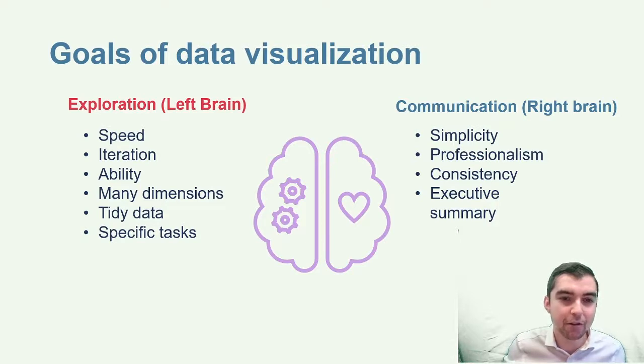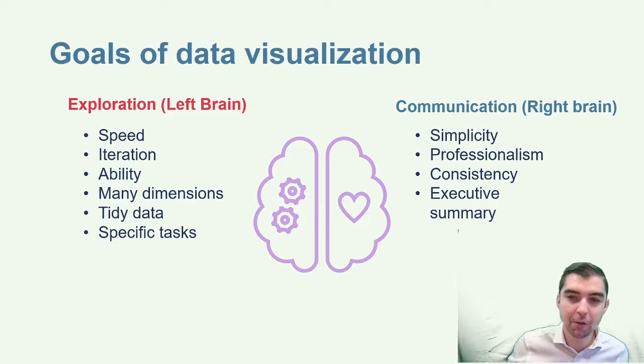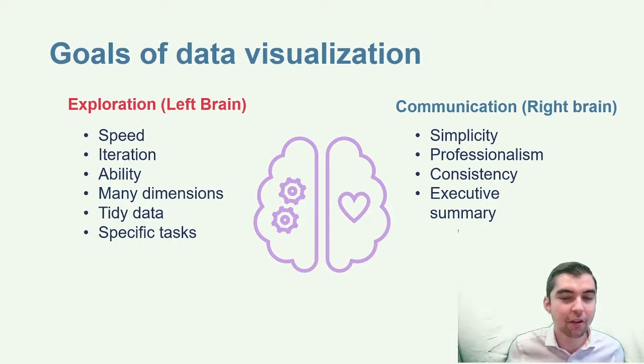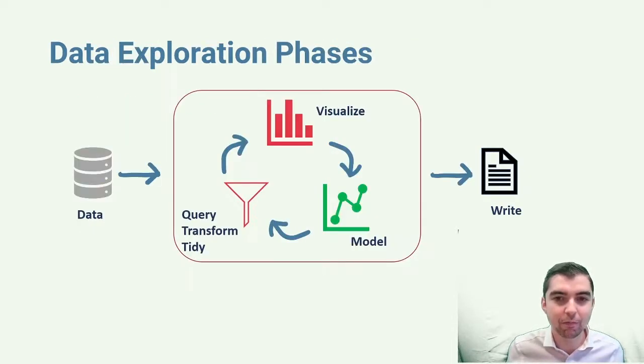Exploration is about speed, iteration, agility, many dimensions, tidy data, which we'll talk about later, and specific tasks that you'll work on for exam PA. Conversely, the communication role is for simplicity, professionalism, consistency. You'll do this on your executive summary.